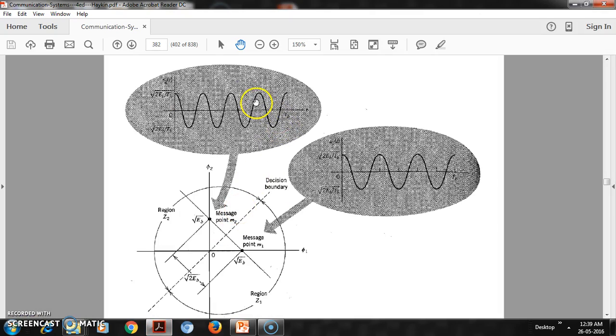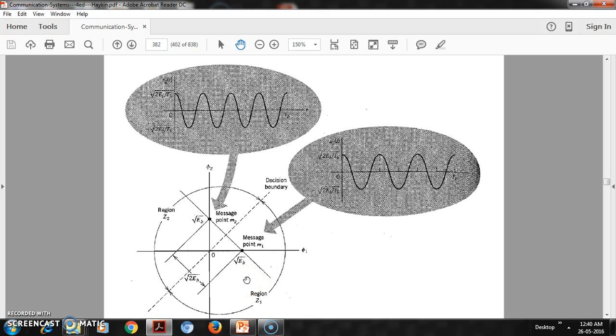So this is the constellation diagram for BFSK. A constellation diagram consists of the set of all points of signals that are being transmitted. So here there are only two signals that are transmitted. One is S1 of t and the other is S2 of t.